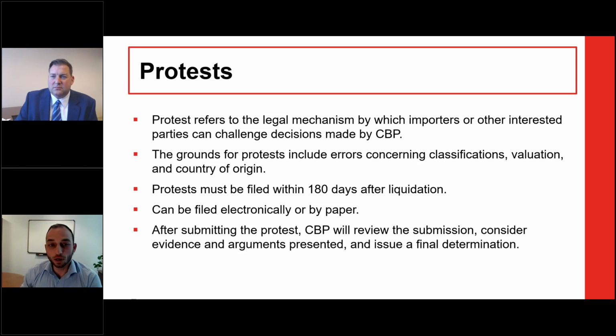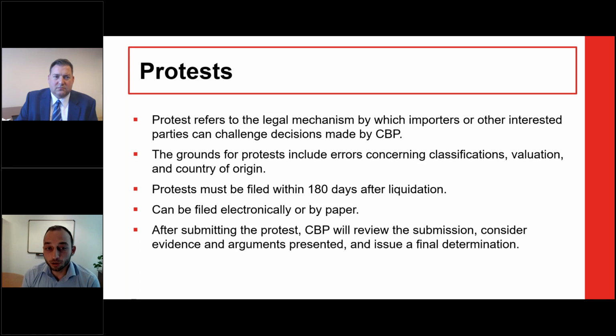Yeah, okay, got it. So very briefly, protest is a mechanism for importers to challenge decisions made by CBP, and the grounds for protest include any issues that we just discussed in this presentation, among others.